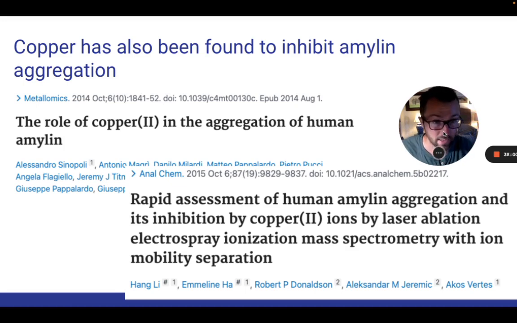Ironically enough, and I say this tongue in cheek because I don't think it's ironic at all, copper acts opposite iron. I talked ad nauseum about the effect of iron on the development of disease. Copper acts opposite iron, right? We're iron overloaded. Copper helps in so many different ways. This is just one of them.